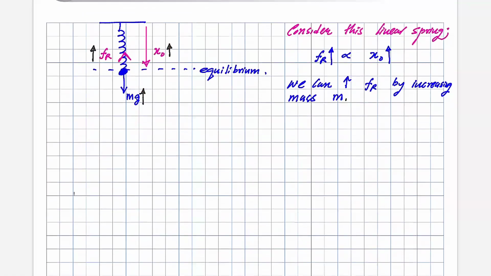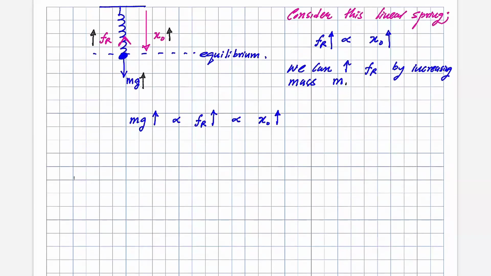Now, you can write the relation this way. When mg is increasing, FR force is increasing. When FR force is increasing, x0 is increasing. Agree?